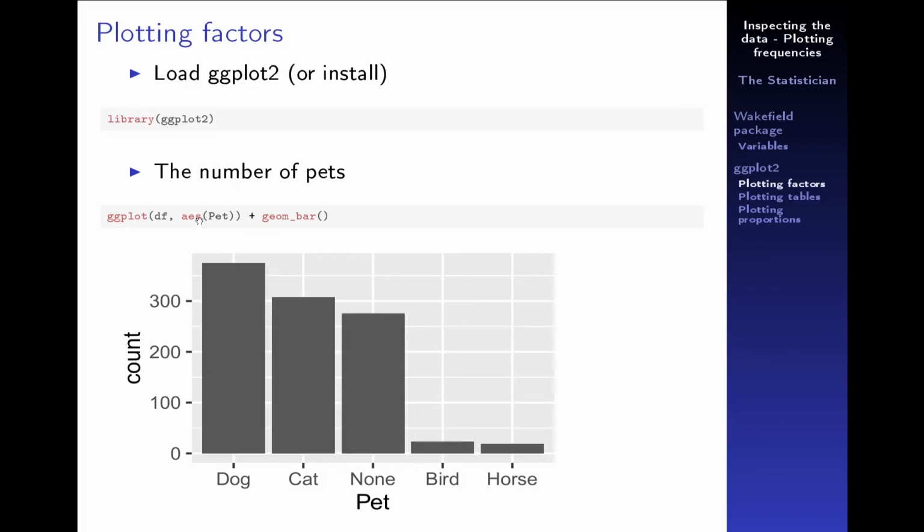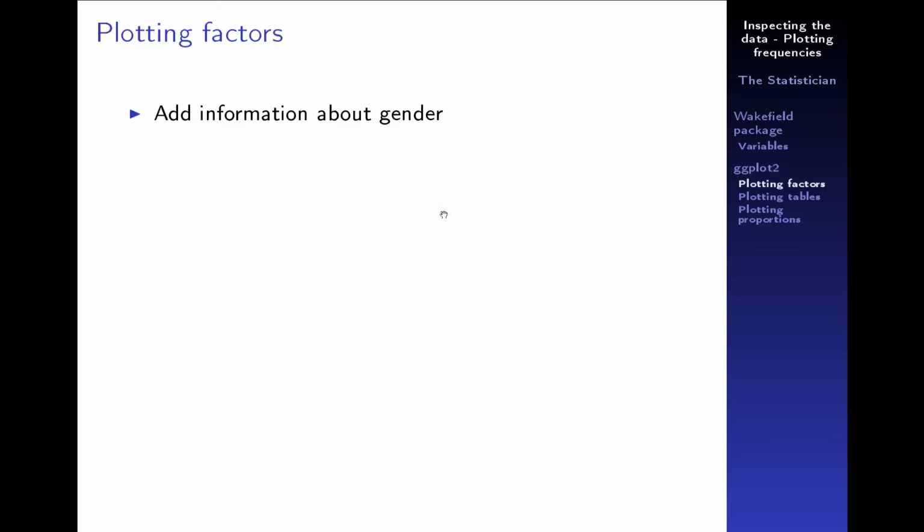And this alone doesn't do much, but if we combine it with the geom_bar function, it will draw this bar chart. And we can see that dog is the most common pet among our sample of people.